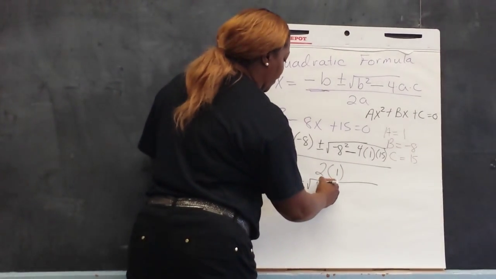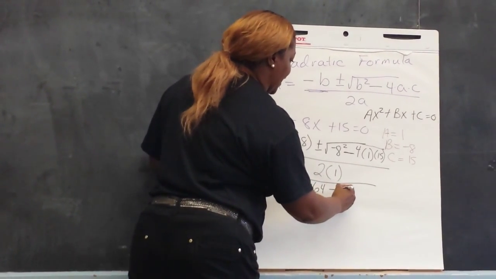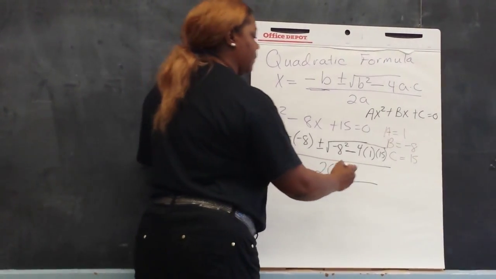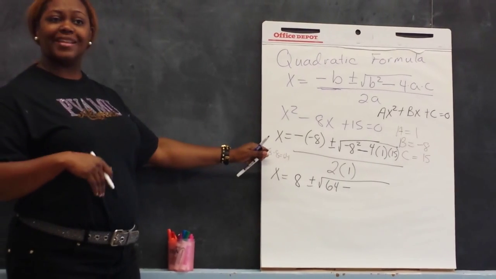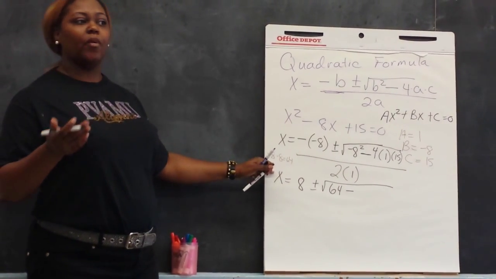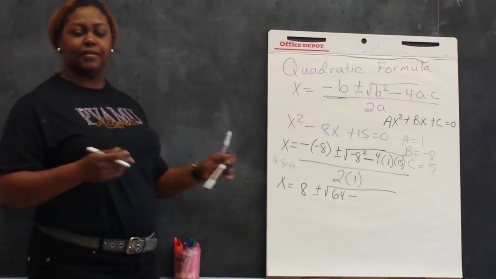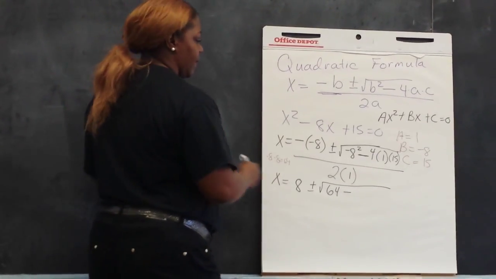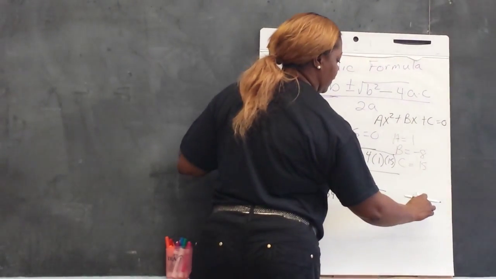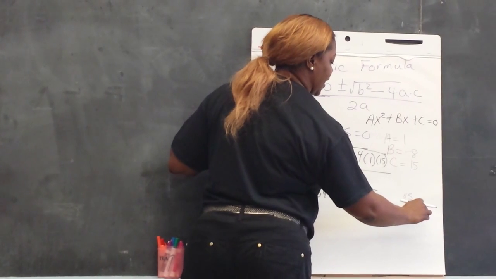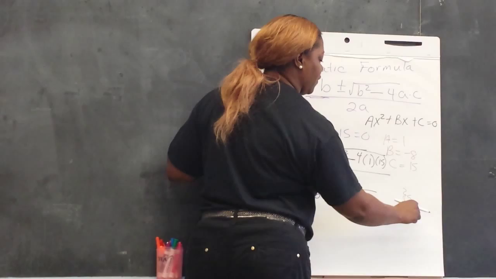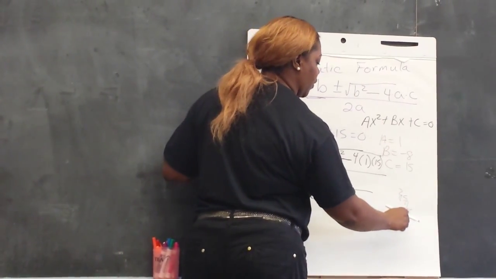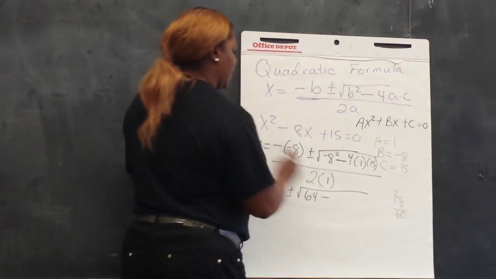So we get 64 here, minus 4 times 1 times 15. Over to the side, 4 times 1 is 4. But what is 4 times 15? 4 times 5 is 20, carry the 2, 4 times 1 is 4 plus 2 more is 6, so 60.